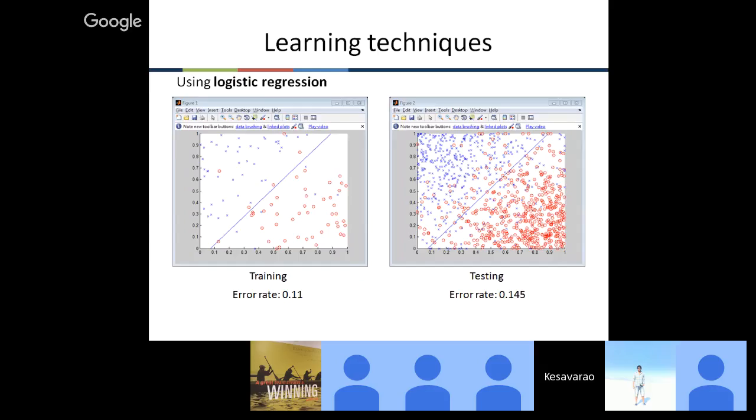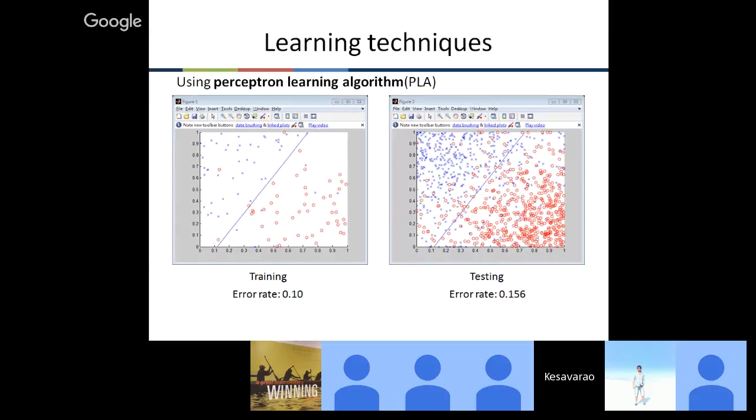Though it is your training. See, when you are building a model, you're teaching a machine to learn based on your training data, right? And you might feel, oh, I'm training this machine, but the error rate is 0.11, a little bit higher compared to the first one.